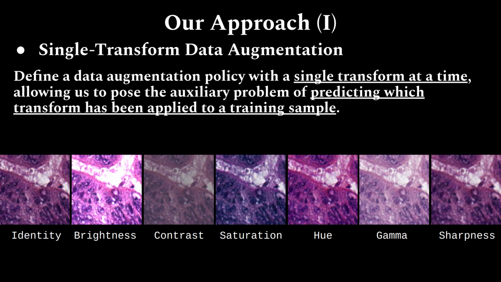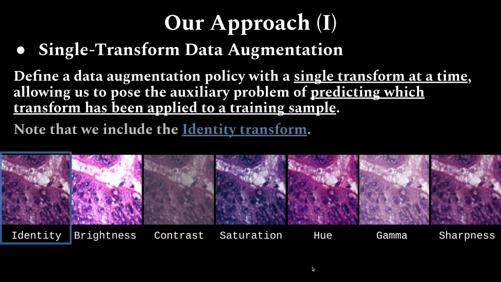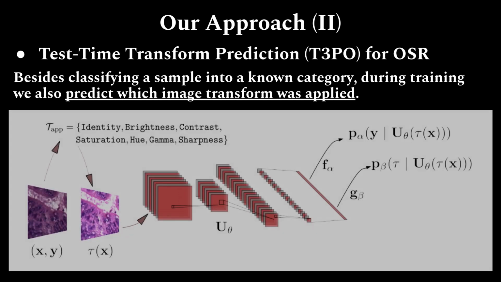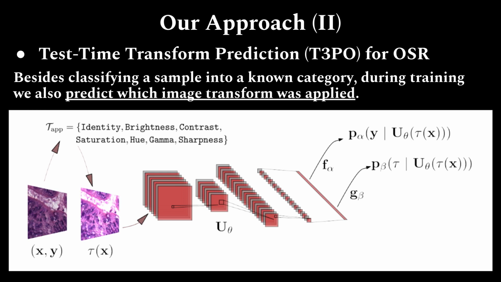And we have all these kinds of image transformations. Since we are including the identity transform, then at test time we can take our model and use the branch F alpha for classification, which we trained as usual, but we can also ask the model which is the transformation applied to this image. In normal conditions, because the model has seen these kinds of images, it will say identity.